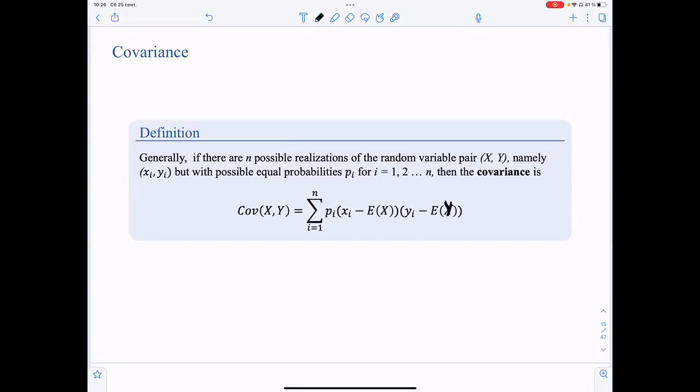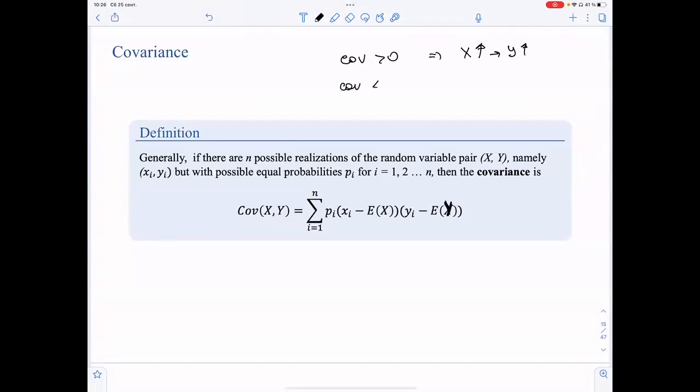Let's analyze all of these cases. If it is positive, then obviously x is greater than its own expectation, and y is greater than its own expectation. So basically, if the covariance is positive, then once x increases, y increases as well.